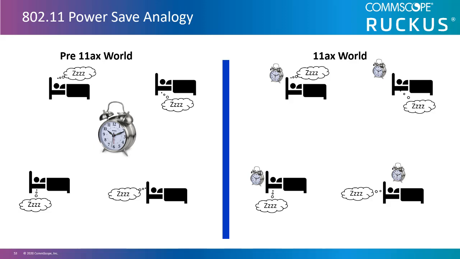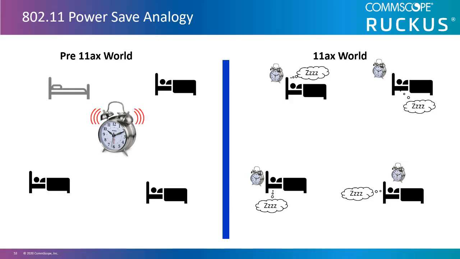Even if only one person needs to be awakened, when the alarm clock goes off, the others wake up too. The people who didn't have to wake up go back to sleep, and just one person gets up and goes to work. In the pre-11ax Wi-Fi world, this is what 802.11 Power Save does with its beacons. Everyone must listen to the beacons and see if the beacon is for them. This is our one house alarm clock.